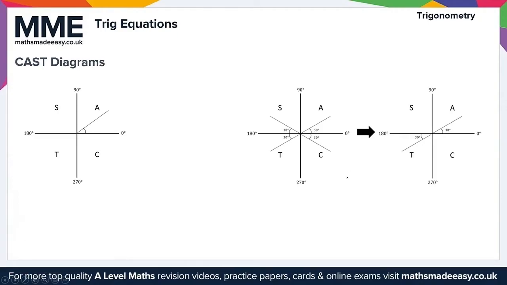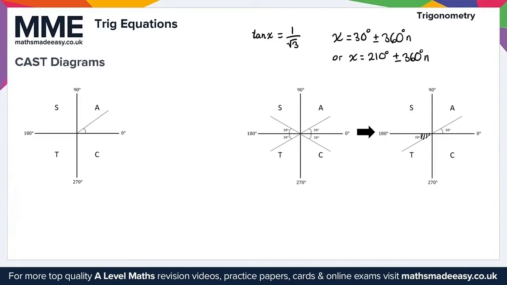Tan x is equal to 1 over the square root of 3 when x is equal to 30 degrees plus or minus 360 degrees times n, so 1 full revolution essentially, or 210 degrees, represented by this angle here, plus or minus 360 degrees times n.